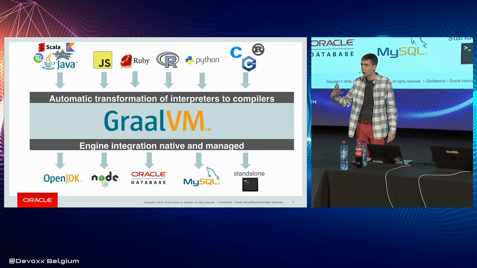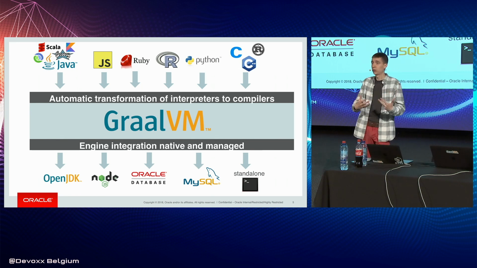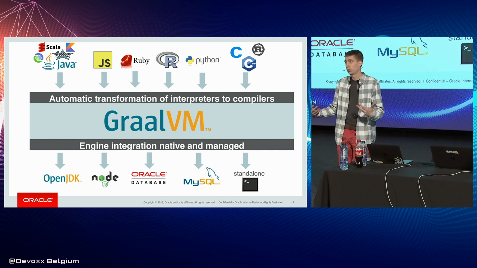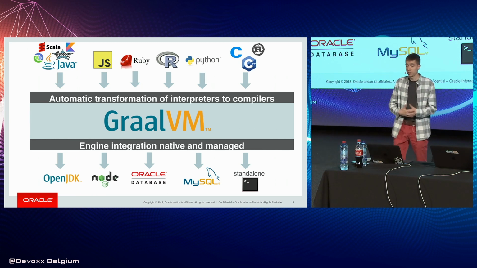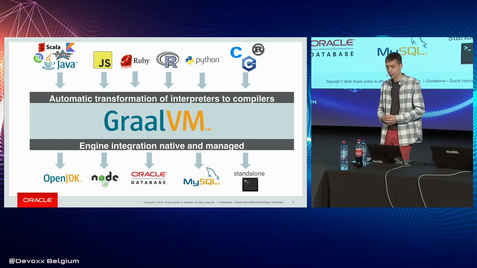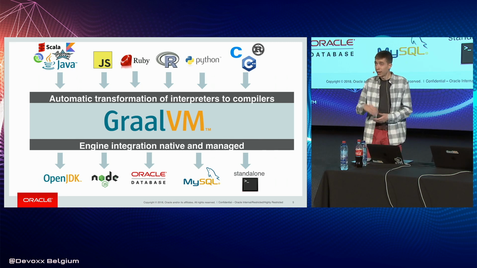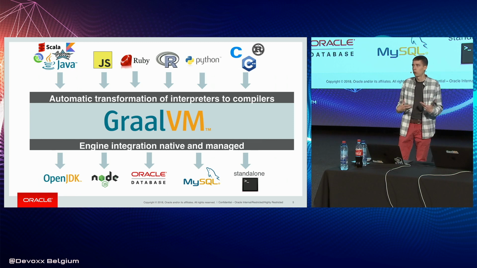Just because Graal allows you to bring your program closer to your data, so you can have logic executed, filtering your data before it is sent over the network to another node. So this enables, for example, uses like Python machine learning inside the database, or also JavaScript use cases inside the database.